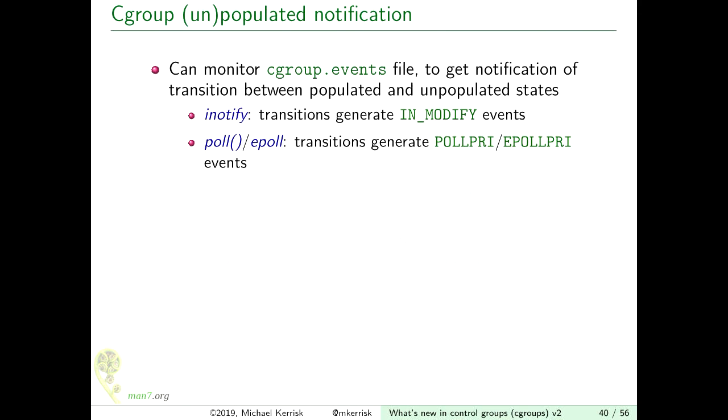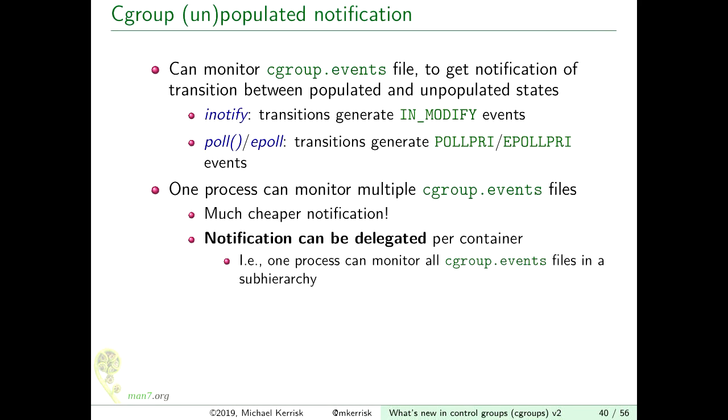And then you can monitor that file using either inotify or poll or epoll or select, and if the file changes, in other words, a cgroup becomes populated or depopulated, you get a notification. Different kinds of notification, obviously, for inotify versus poll and epoll.